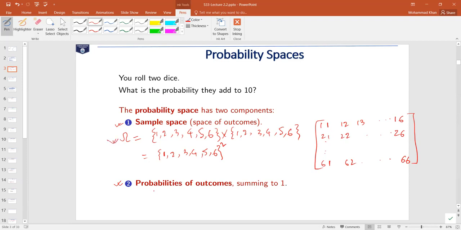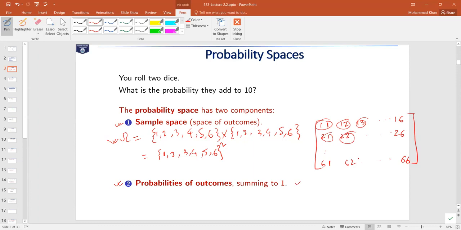Now, the probabilities of outcomes summing up to 1, that means the probability of all the outcomes, or maybe we can say it in a different way: what will be the probability that we'll see any of the outcomes? Probability is 1. That means we can only observe these things and nothing else. So that is what we mean by probabilities of outcomes summing up to 1.